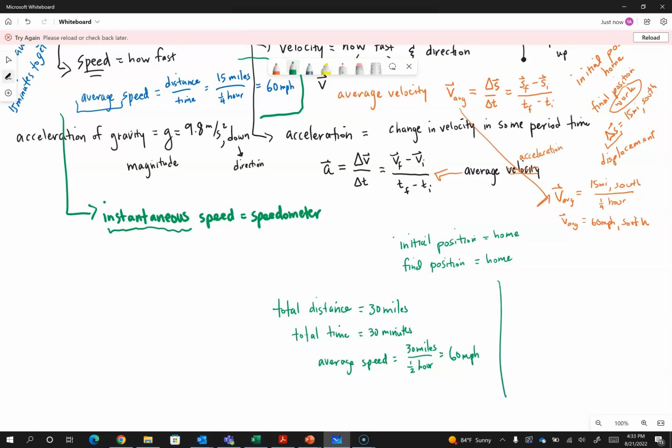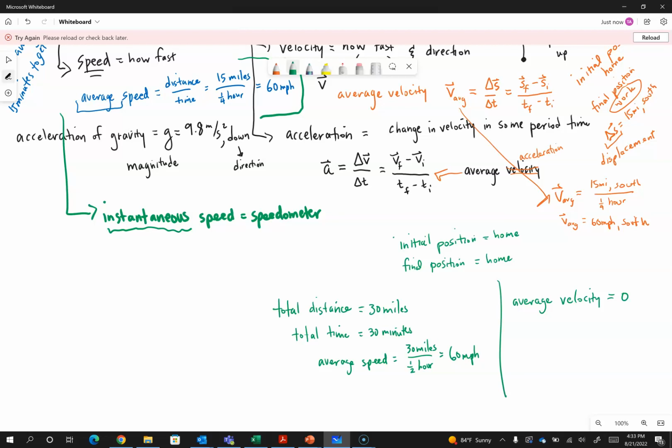But my average velocity would be 0. That seems really weird because of course I had to drive to get to work, and of course I had to drive to get back home.